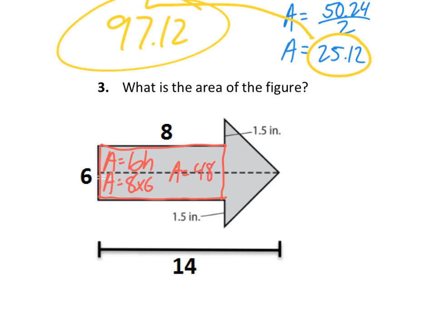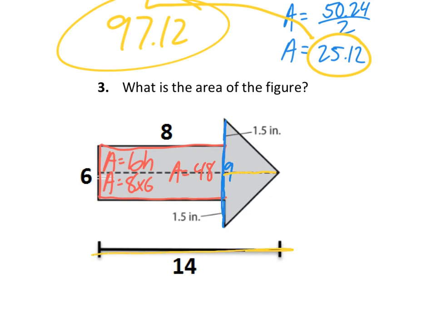Now for the triangle, this one can be tricky. Right here I have 1.5, right here I have 6, and right here I have 1.5. So I'm going to add the 1.5, the 1.5, and the 6, and I get a total length here of 9. For my height on this triangle, I've got to look right there.